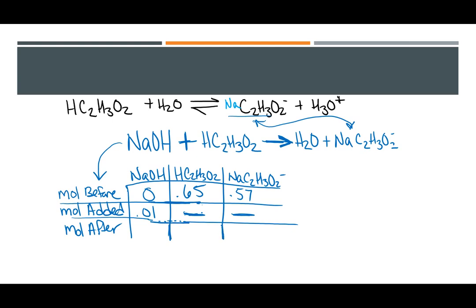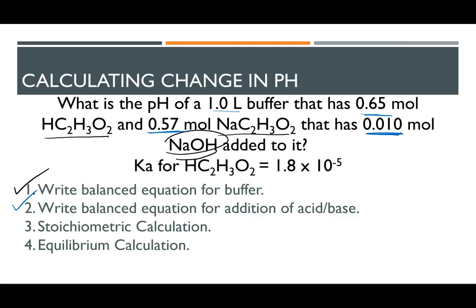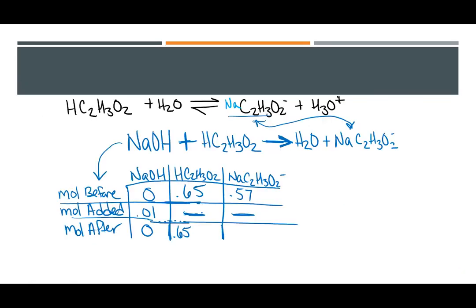Okay. Moles after, so again, all of the sodium hydroxide is going to react. To do that, it's going to use up the acetic acid. So it's going to be 0.65 minus 0.01 moles of that. And it's going to create the sodium acetate. So it's going to be the 0.75.